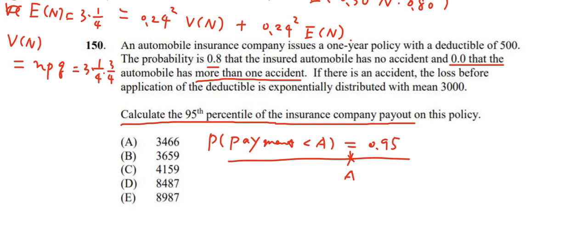So the number of car accidents can only be two cases, 0 or 1, because 2 or 3 we can regard as probably 0, and the probability here is 0.8, next thing here 0.2, right? So this is the number of car accidents.